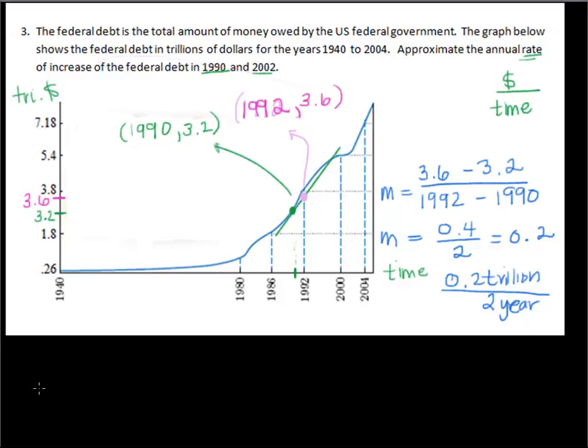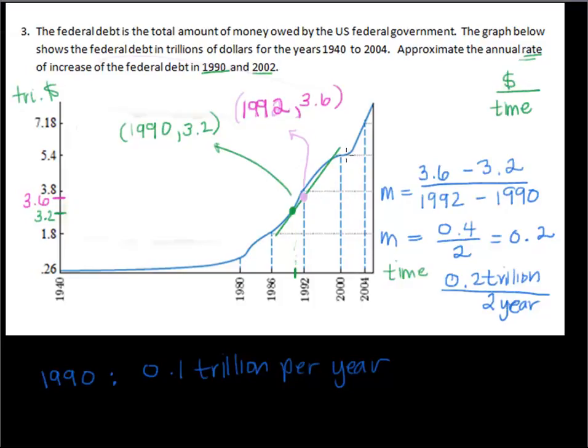If I want to approximate the annual rate of increase, in 1990, my annual means 1 year, rate of increase is $0.1 trillion per year. So at that moment in time, my debt is increasing at a rate of $0.1 trillion per year. I hope that makes sense.